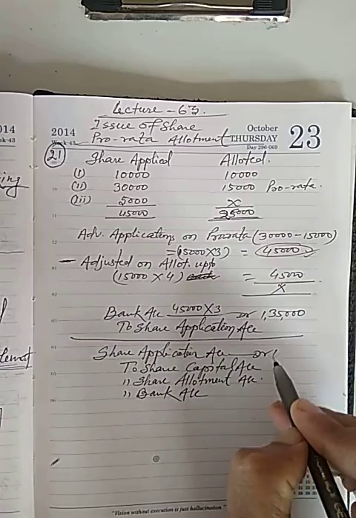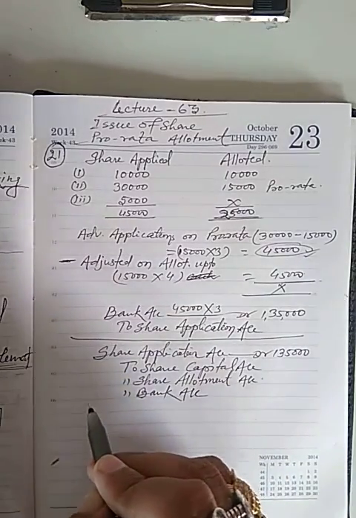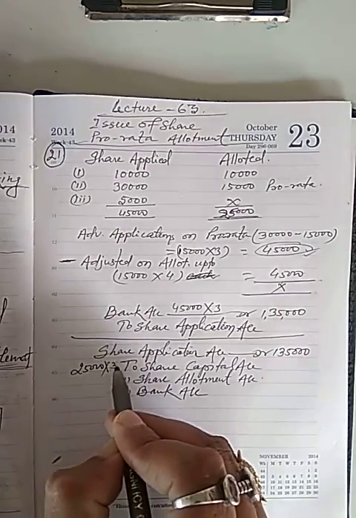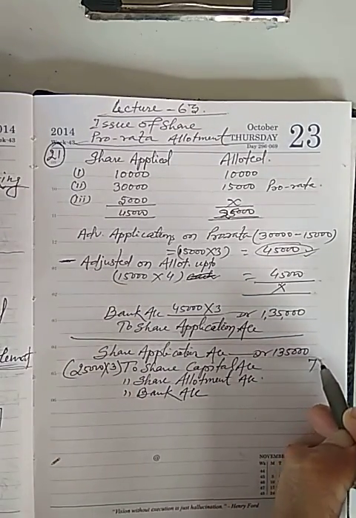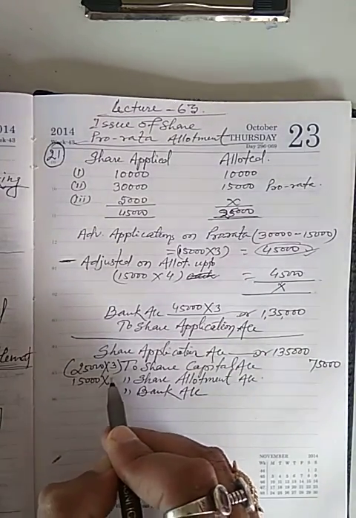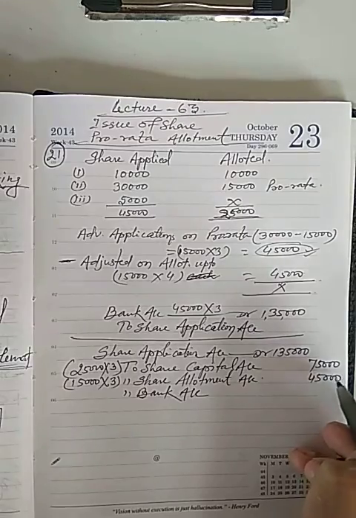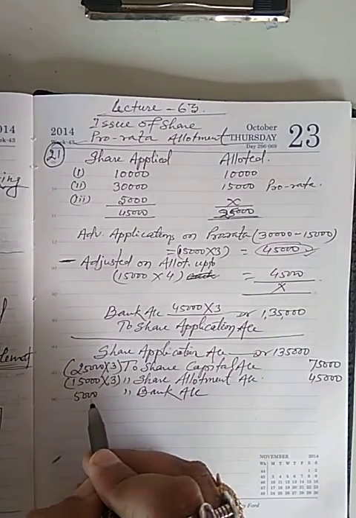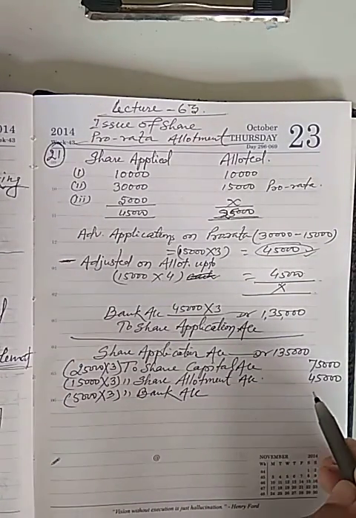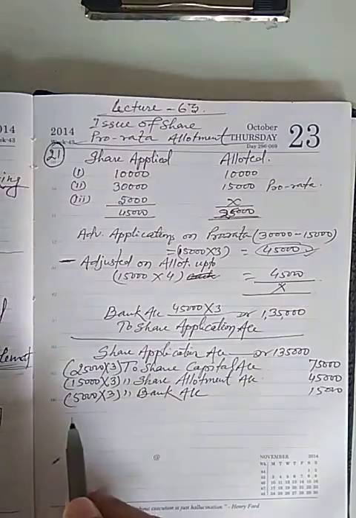Now I have received 1,35,000 on application, and I will transfer only 25,000 shares into 3 to capital account, so it will be 75,000, and we have to adjust 15,000 shares at the rate of 3 I have received, it will be 45,000, and 5,000 shares were rejected at the rate of 3, so it will be 15,000. Now total amount will be 1,35,000.